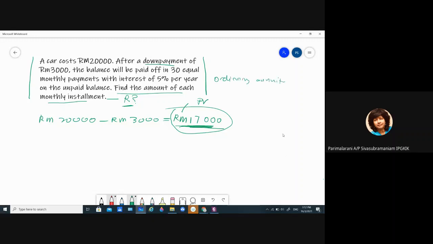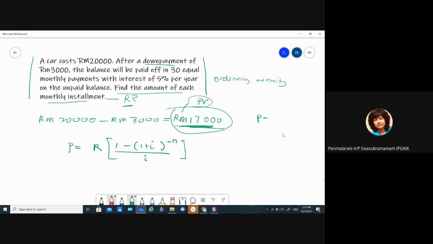We know the present value. That means we must use a formula that uses present value. So we have to use the present value formula, which is P equals R into 1 minus 1 plus i to the power of negative n, over i. This is the present value for ordinary annuity.